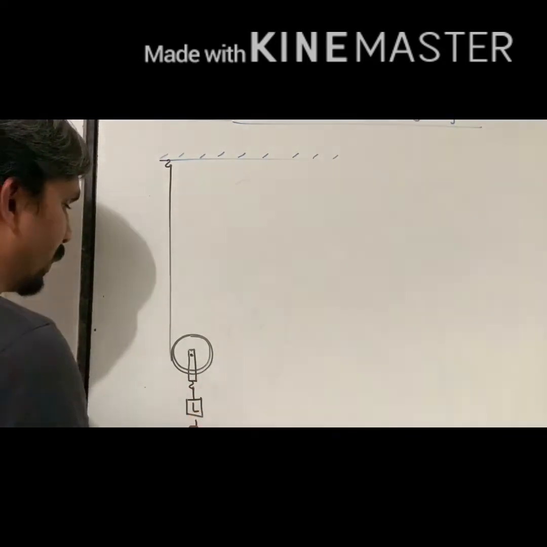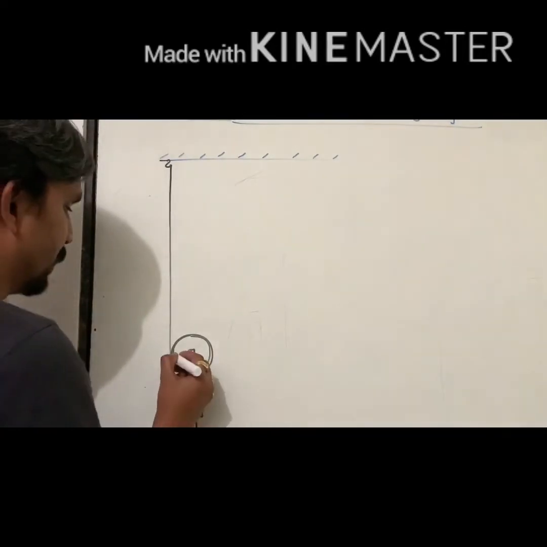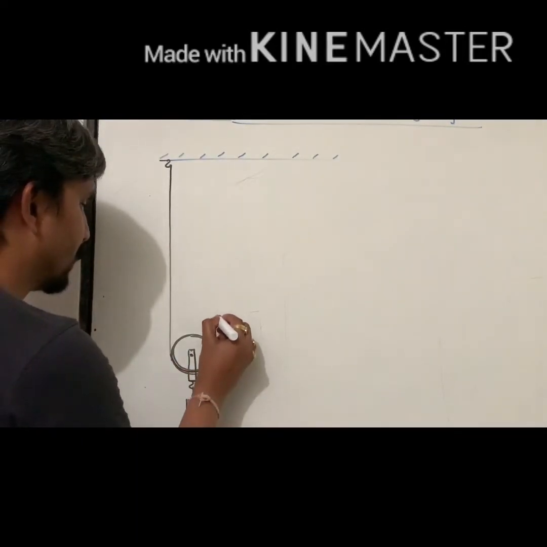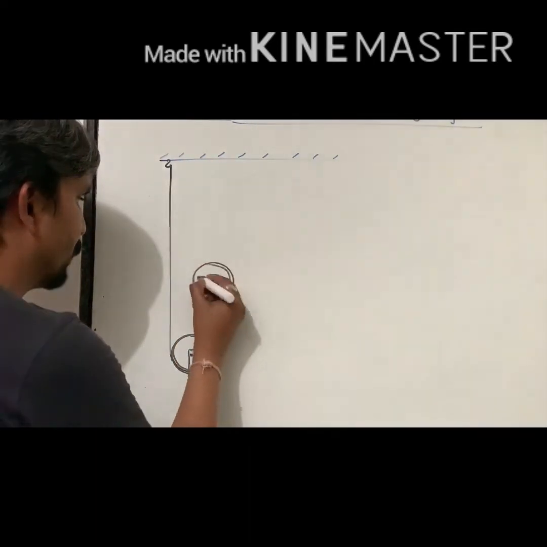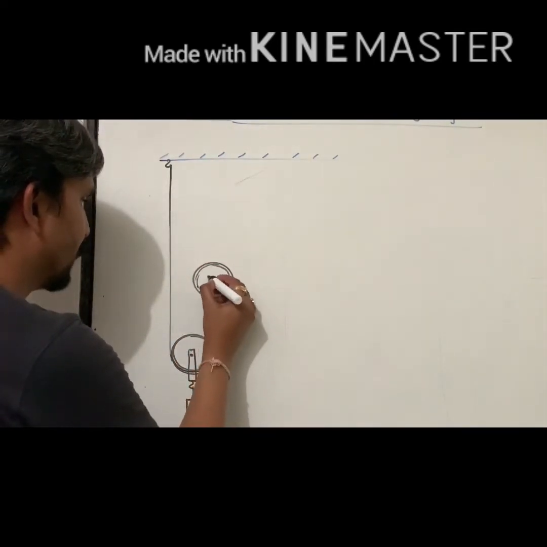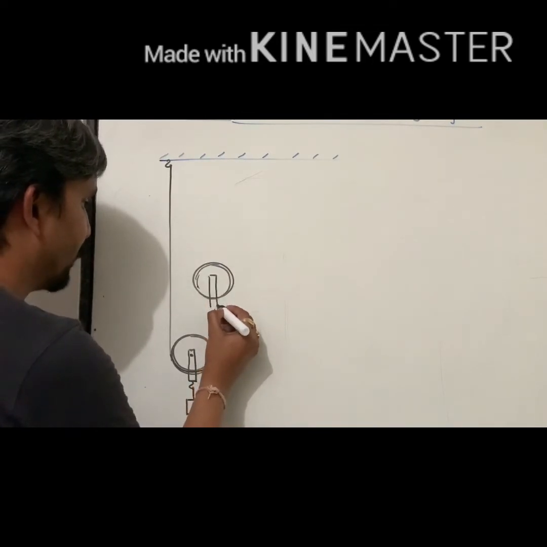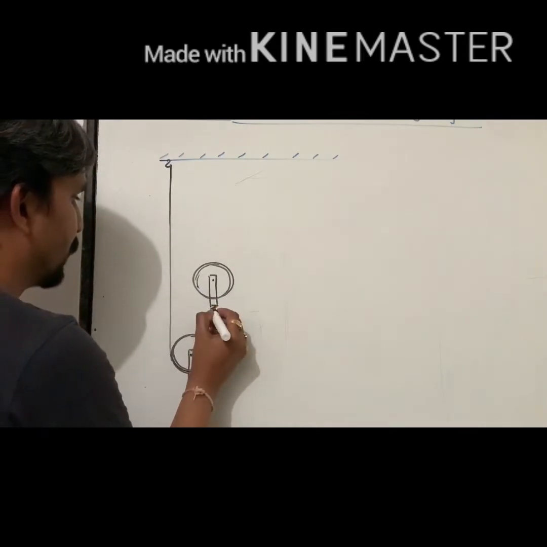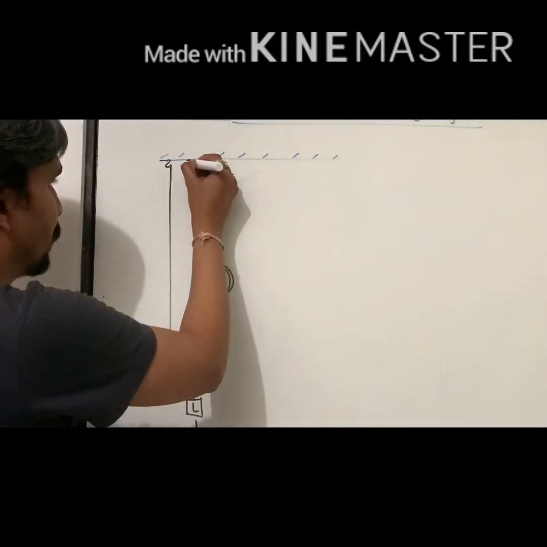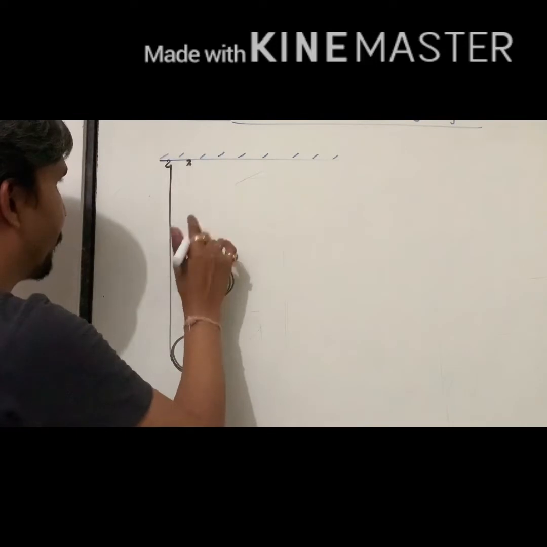Here is your load acting downward. Next, this is the other end. Here I will use a second pulley with double grooves, right? This is the frame, center, hook attached, and this is the hook attached. Here will be the second part.